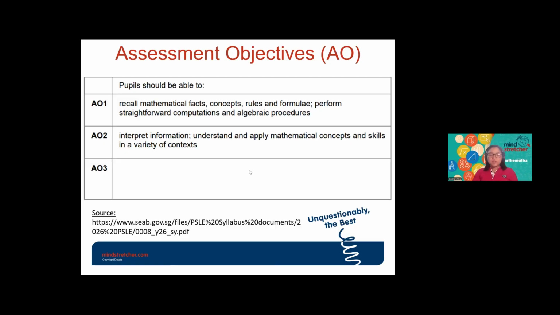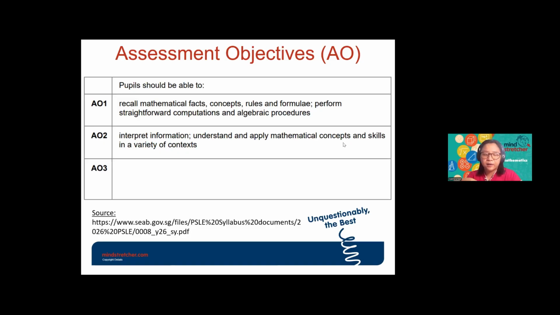Okay, assessment objective 2 will require you to interpret information and apply mathematical concepts in a variety of contexts. So they will give you some context. It could be having names, and there will be like buying apples and oranges. So you are supposed to interpret and decide, like, should you do plus, minus, times, or divide?